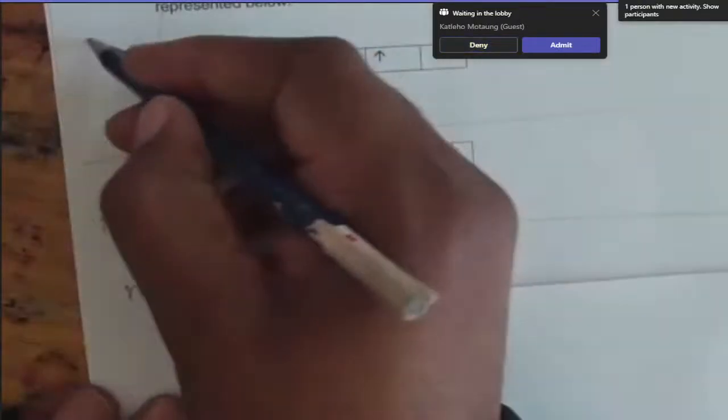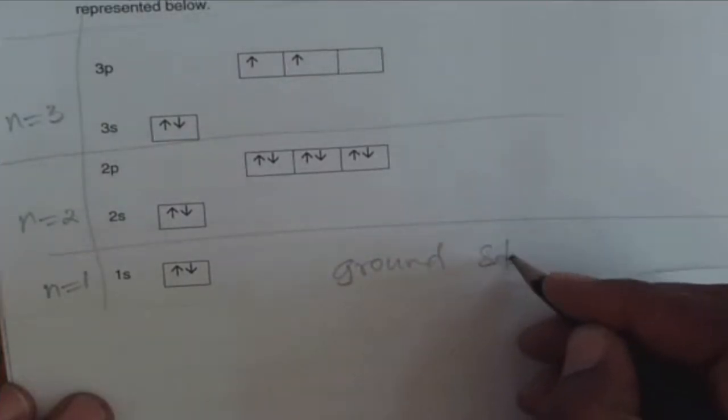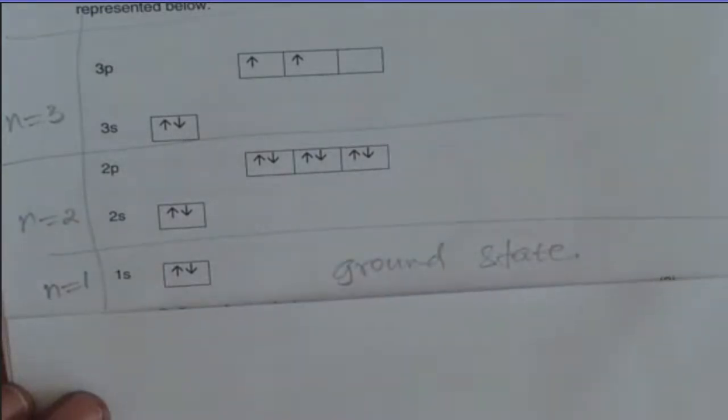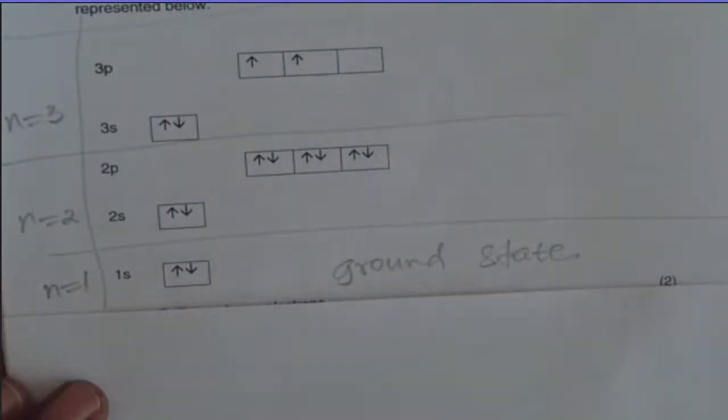Normally in the Bohr diagram, it will be the energy levels. I'm having energy 1, energy 2, and obviously this one will be the third energy level. So meaning now the ground state there. Once an electron moves from energy 1 to energy 2, the electrons are excited.